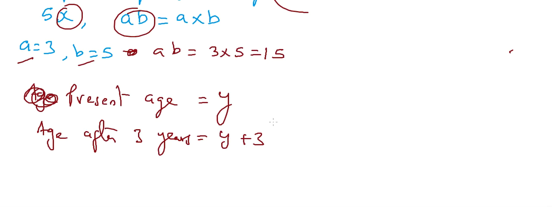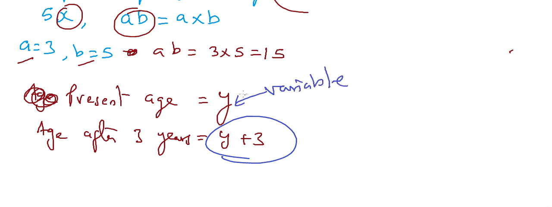Okay, y plus 3. First of all, it has two terms here, y and 3. These are the two terms. As I said, y is a variable because it's a letter. And 3 is a constant. Constant means it's a fixed number, a fixed value.